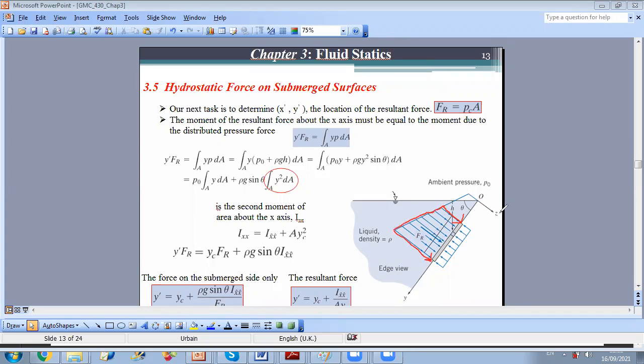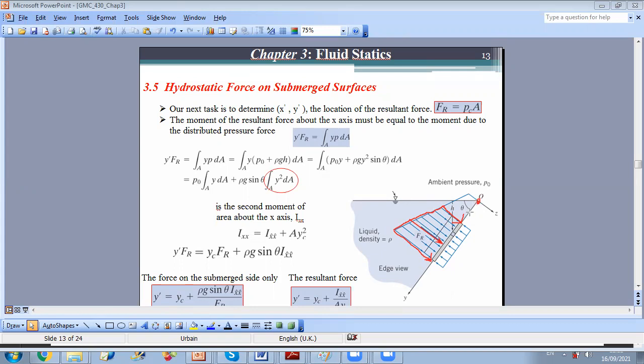This distributed load will create a moment about O. So if I want to replace it by one force, the condition is that this force should produce the same moment about O. And to do so, all I need is to write an equation: the moment created by the resultant force about O is equal to the moment of the distributed load about O. This is the equation I will start from.